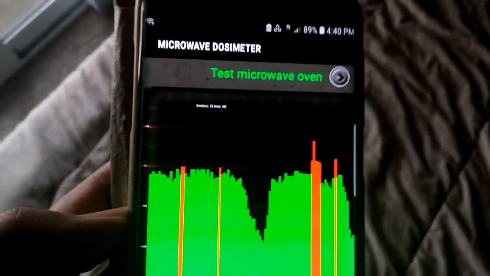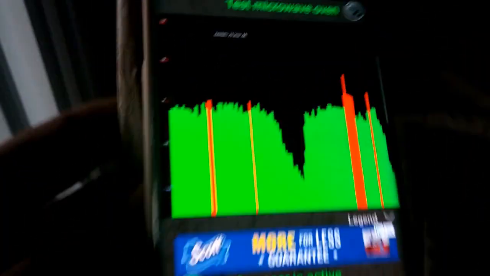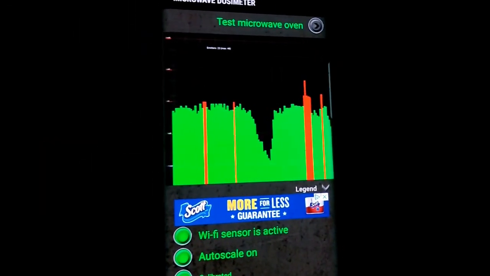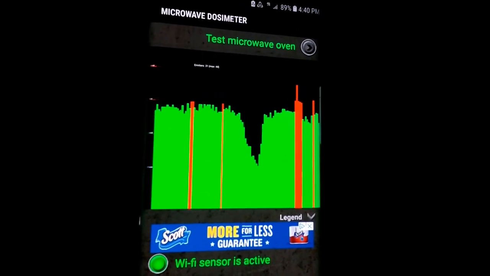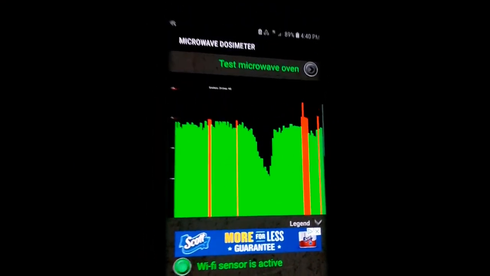And so we'll see again, the closer I get to it, it's on the other side of this wall here, the meter, so the closer I get to it, it should spike again. Again, this particular device takes a little bit of time to register that.